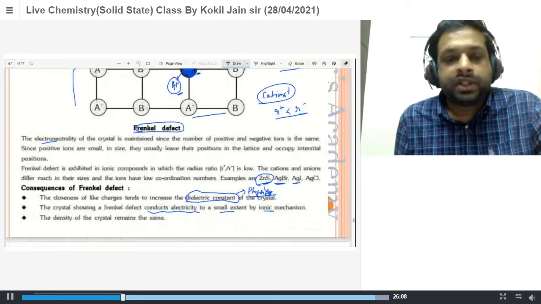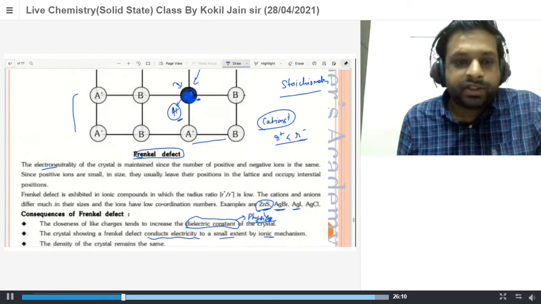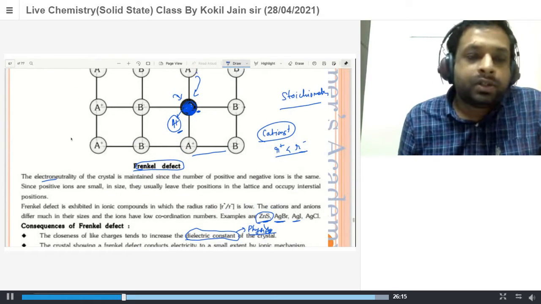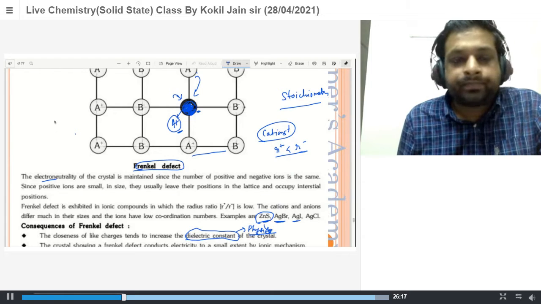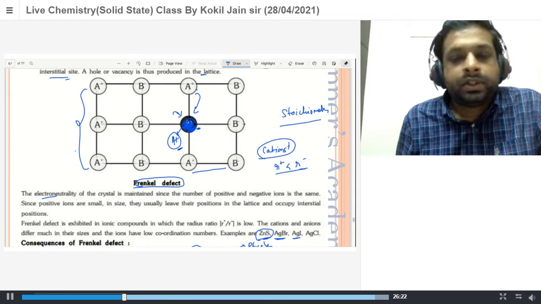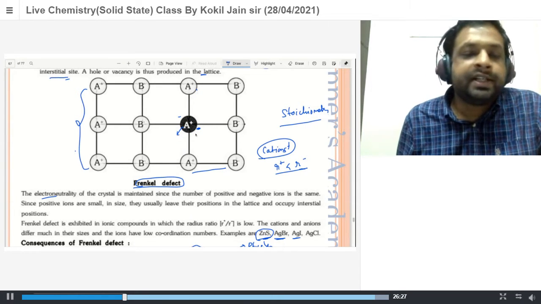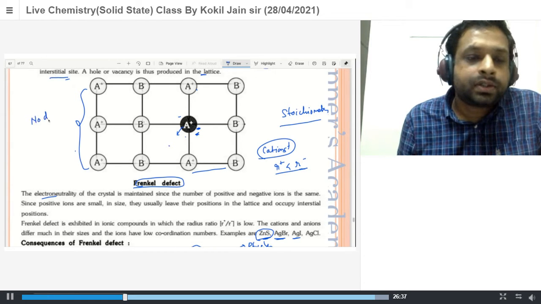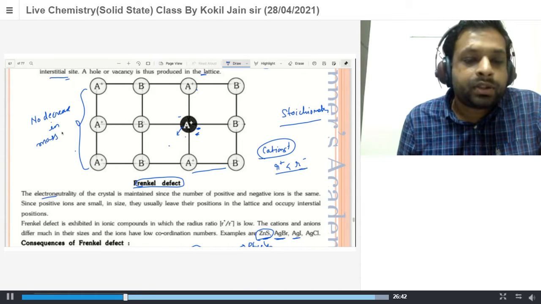Now, a few things I want you to remember related to density, which I think we didn't cover in the case of Schottky. See, if this is the crystal here, this ion is not removed, it is there inside the crystal only. Only one hole is created here. Overall, there is no decrease in the mass of the crystal, right?